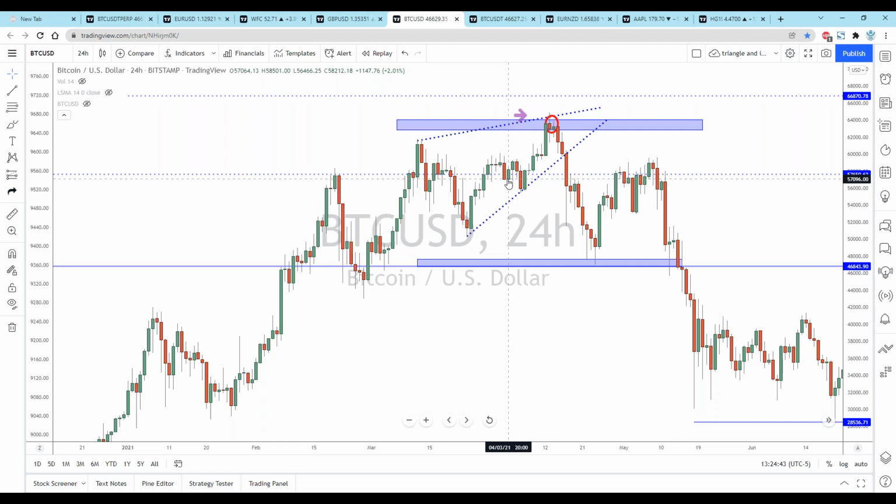Now, the wicks also tell you a lot of information. Wicks will help you see exactly not just how the body moved, the buyers and sellers in that period, but maybe when you have a long upward wick, it tells you the buyers pushed it really high but couldn't hold on to it, and that's why it closed lower down.